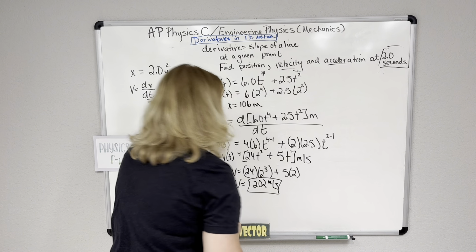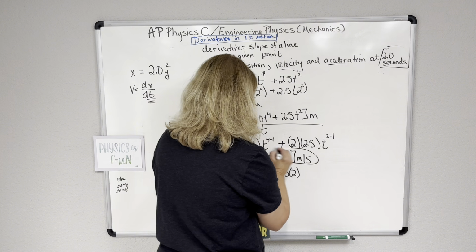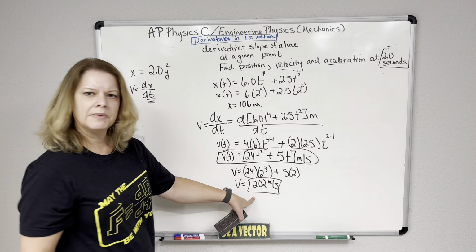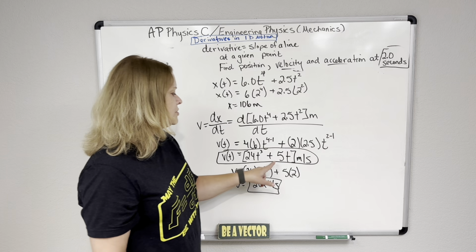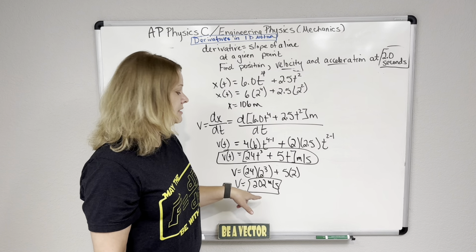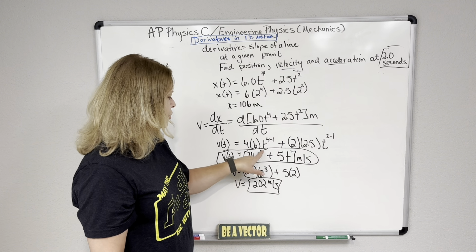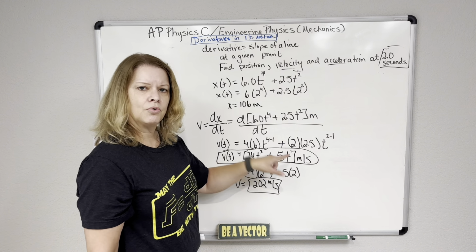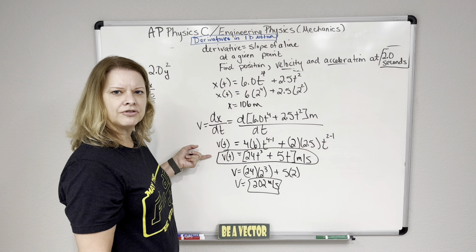Here is my velocity with respect to time equation, and there's my actual instantaneous velocity at 2 seconds. If they said, go find velocity at 4 seconds, I just put 4 cubed and 5 times 4 here. You can get it at any time once you have this expression.